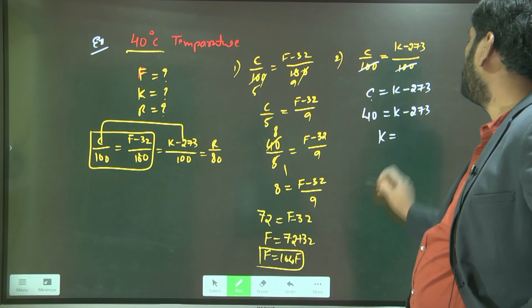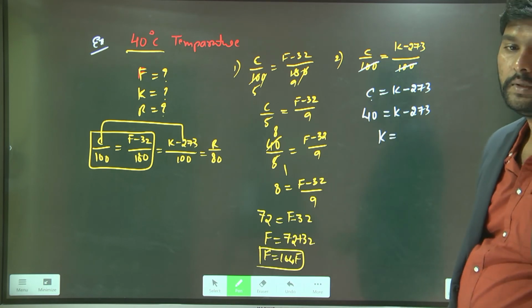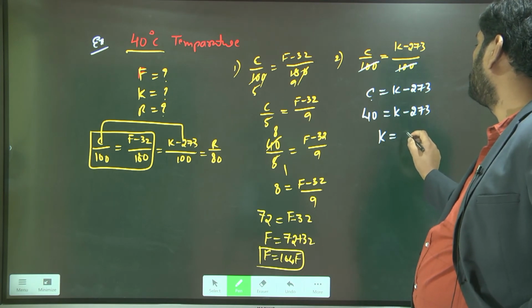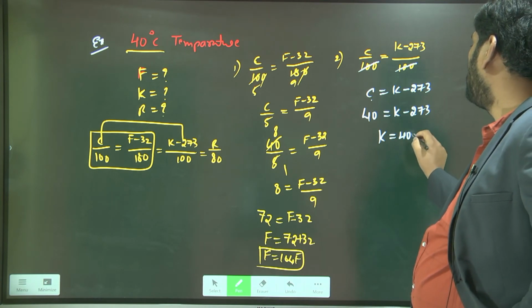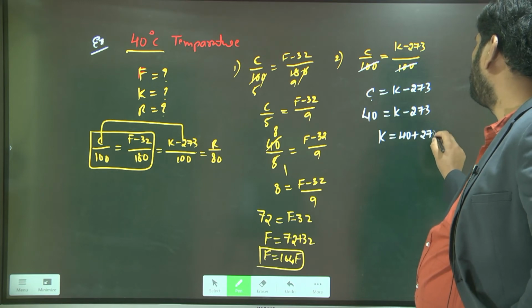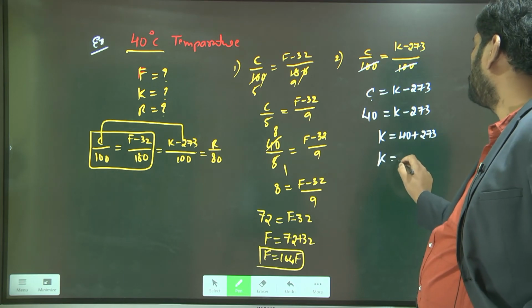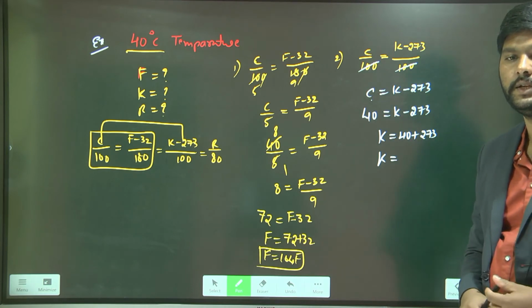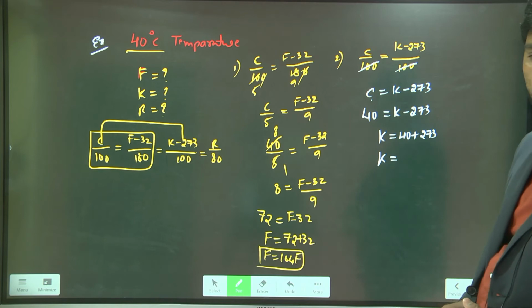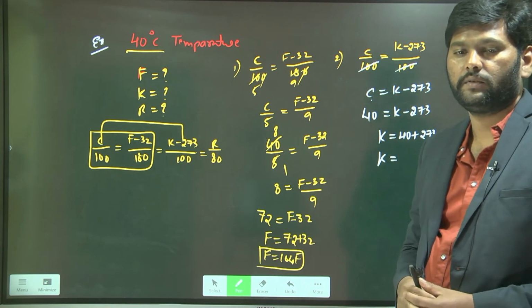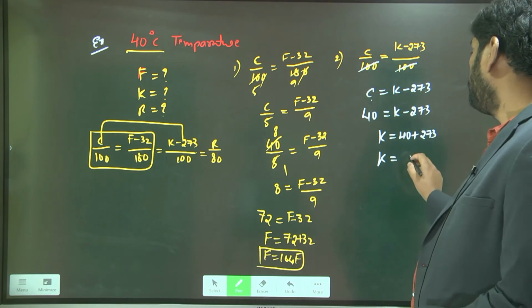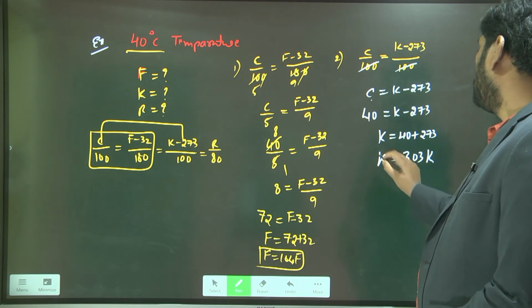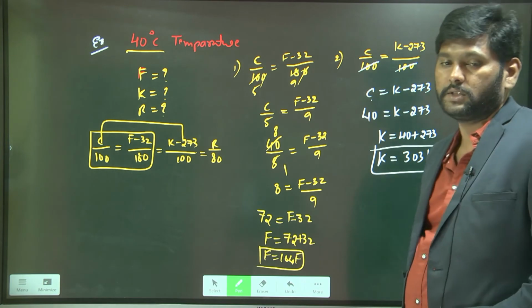K is equal to 40 plus 273, which is 313 Kelvin. That is our temperature in the Kelvin scale.